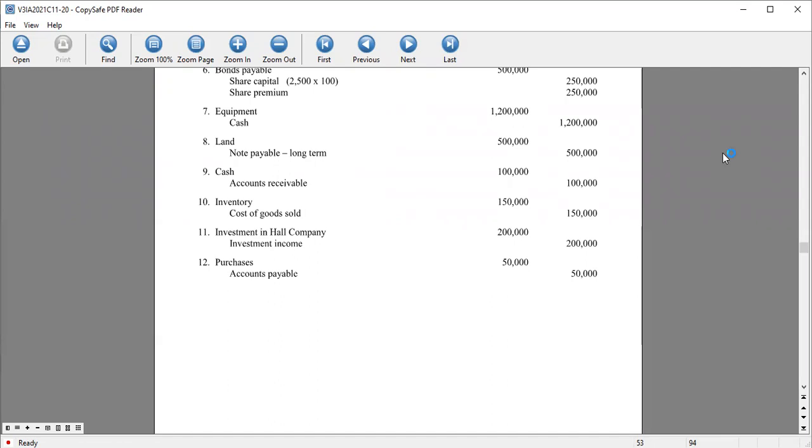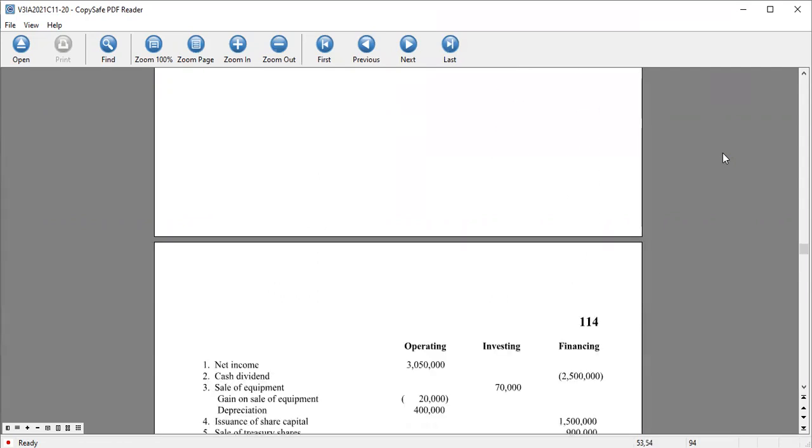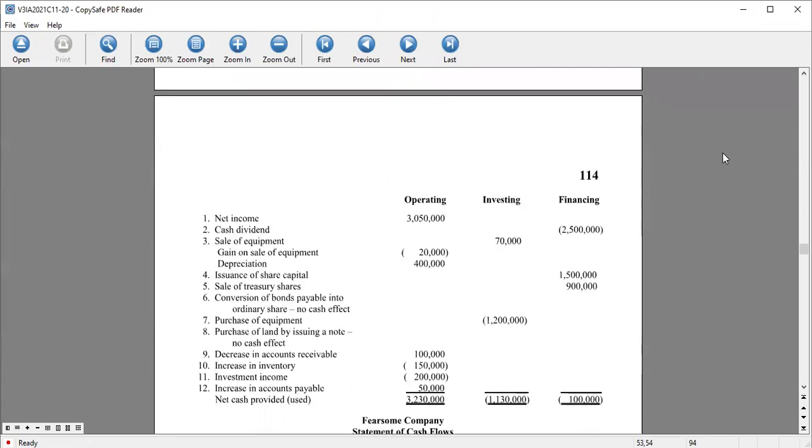Because 2 million became 2.2 million, credit to investment income. And we have now a debit to purchases and credit to accounts payable for the amount of 50,000. Now, these were the original entries.